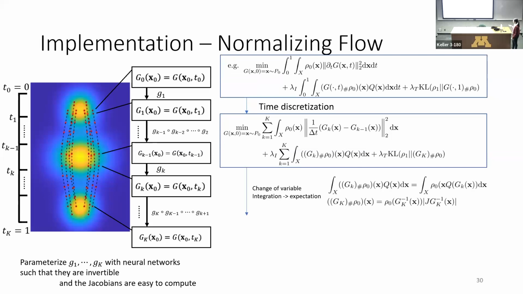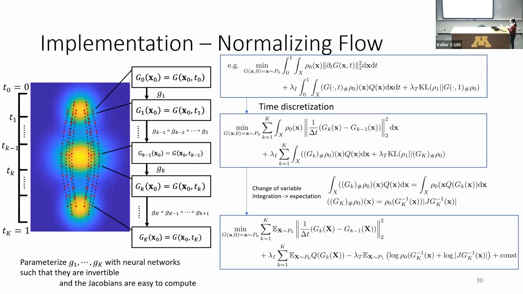And on the space domain, we use sampling. Instead of doing the direct integration over the whole space, we sample particles. We write all these things in terms of the expectation, and then we can sample particles to approximate this expectation.